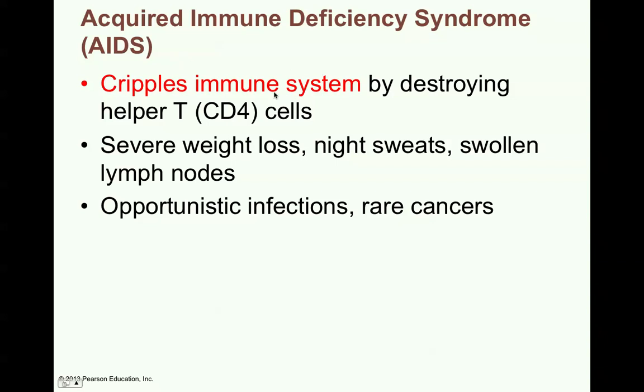This cripples the immune system by destroying those helper T cells, the CD4 cells. The person experiences severe weight loss, night sweats, and swollen lymph nodes. Generally, the cause of death would be some type of opportunistic infection or a rare cancer.